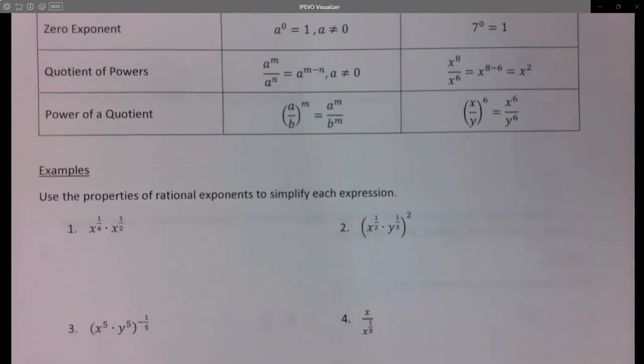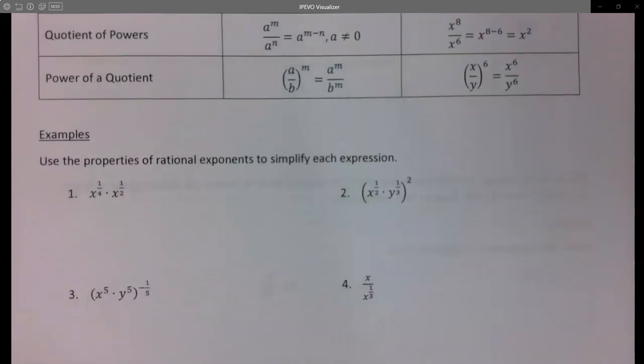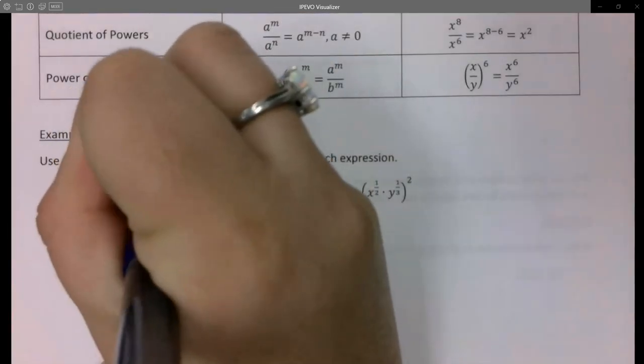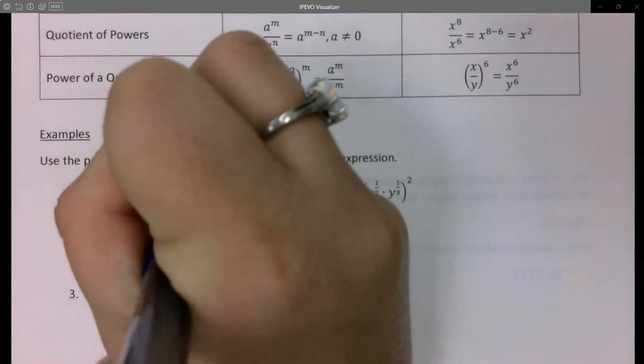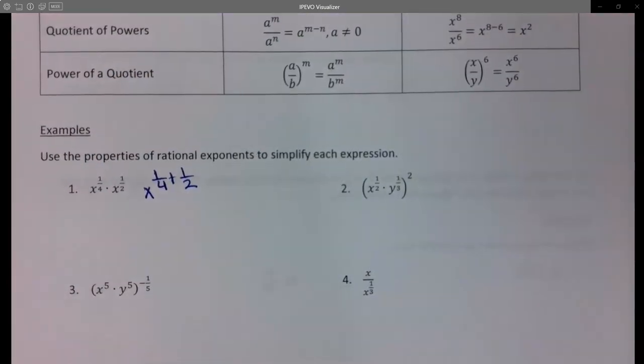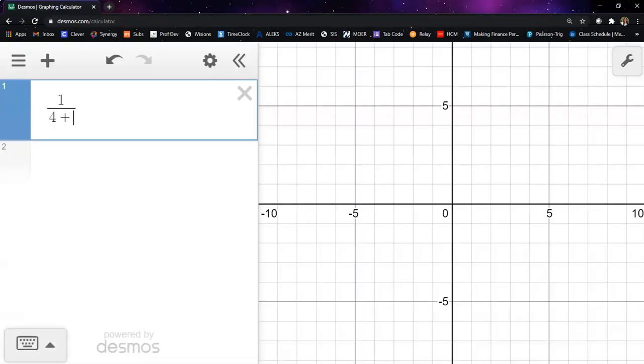Okay. So number 1 wants me to use the properties of rational exponents to simplify each expression. On number 1, I just want to add my exponents together. So I'm going to add 1/4 to 1/2. I can go to Desmos and do 1/4 plus 1/2.